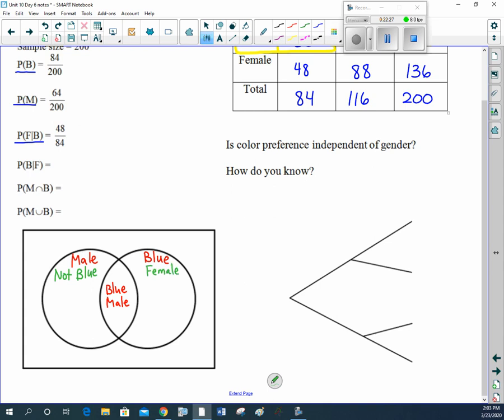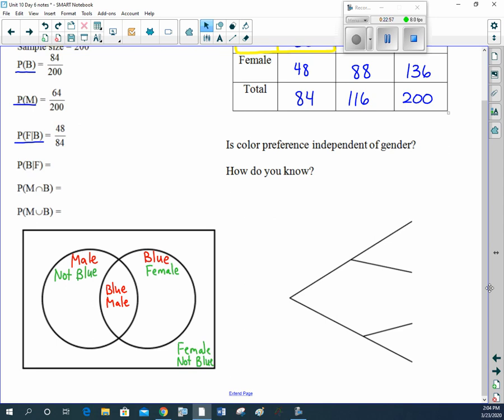And then on the outside, we have the female and the not blue, the people who don't like blue. So every area should have two labels. If it's a two-way table and you're doing a Venn diagram, everything should have two labels: male and not blue, blue and male, blue, female, female, not blue. I should use every label twice, okay? And then everything is done the way it should be.